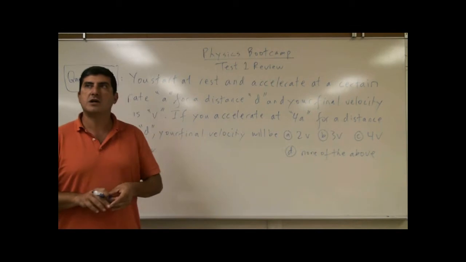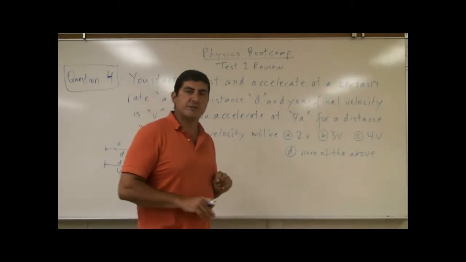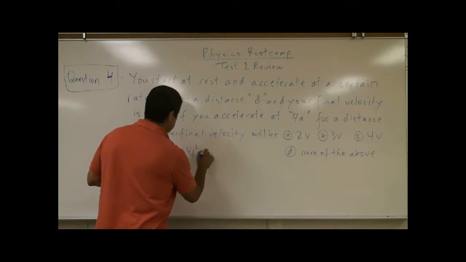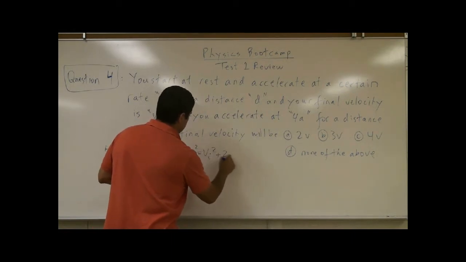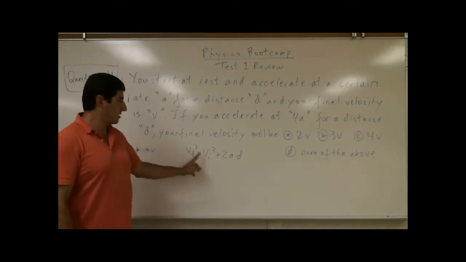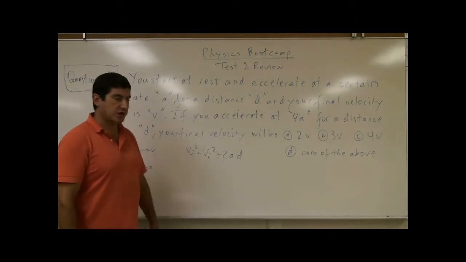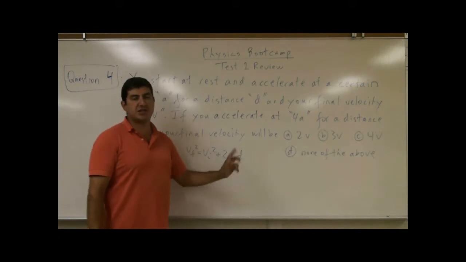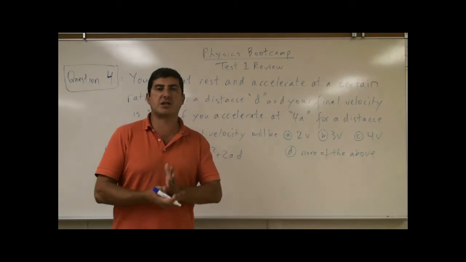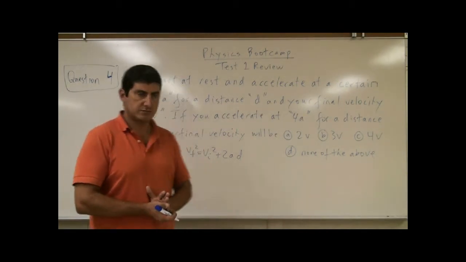For this problem, the best equation to use is this equation. The final velocity of an object squared is equal to the initial velocity of the object squared plus 2 times acceleration times d. This equation applies when an object accelerates at a constant rate.